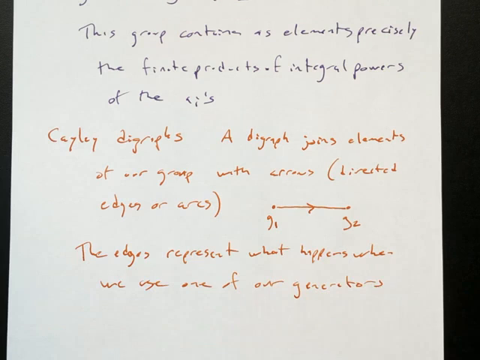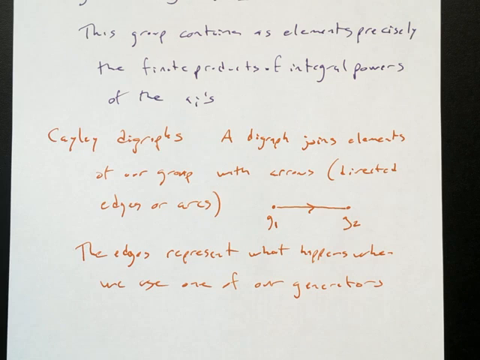Which means if we have more than one element in my generating set, I'm going to need more than one kind of arc. I can color code them, I can style code them, I use solid lines, dotted lines, dashed lines, all sorts of ways of telling my edges apart.